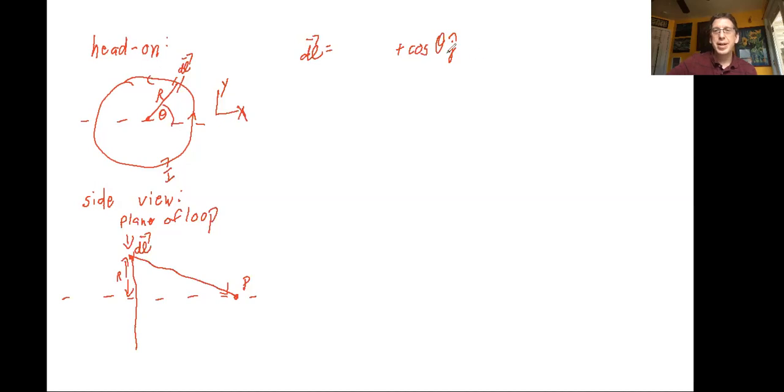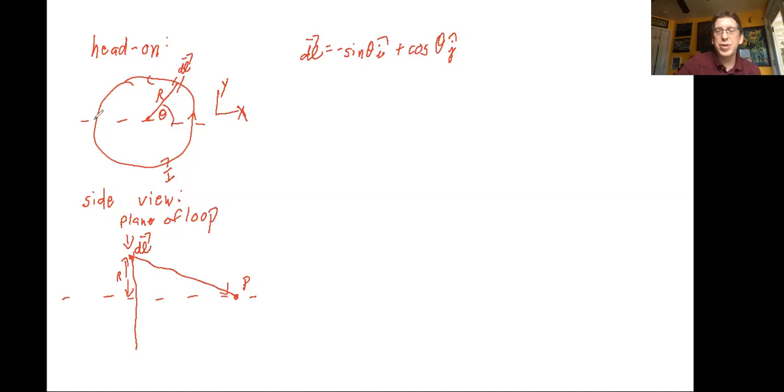Again, the cosine of theta, if theta is 90 degrees, is 0. So there's no Y component, so this is still holding. But it's pointing to the left where the sine of theta is equal to 1. So why don't we write negative sine theta i. And so that is dL.